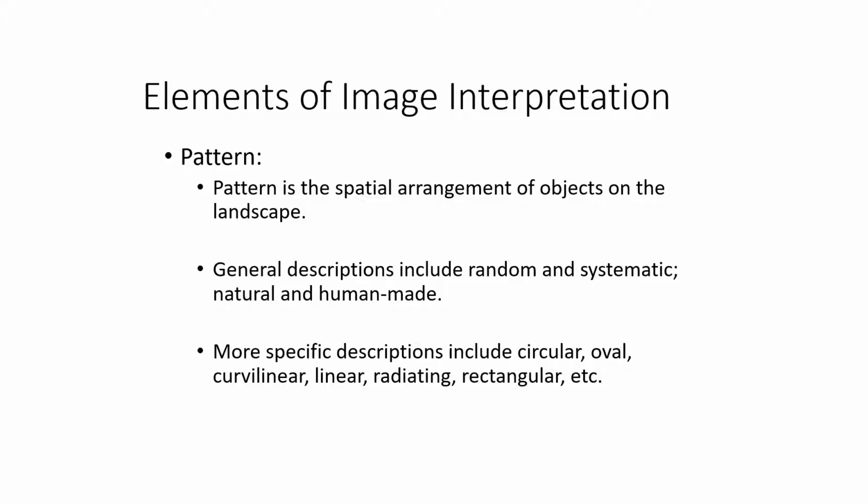In general, descriptions include random and systematic, natural and man-made elements in these patterns. More specific descriptions include things like circular, oval, curvilinear, or linear. All these are describing how things are.